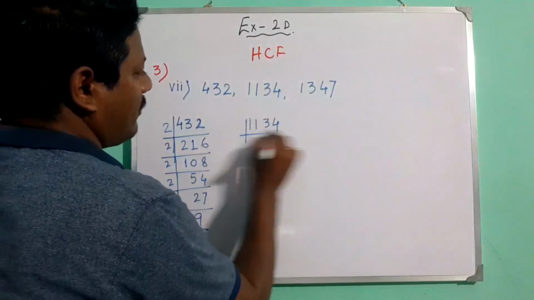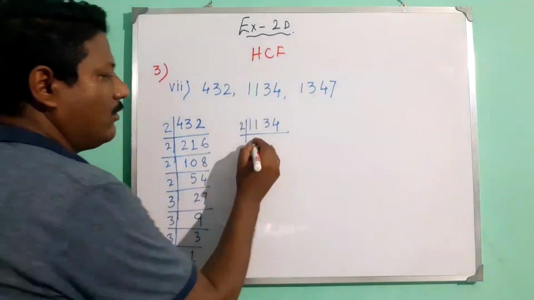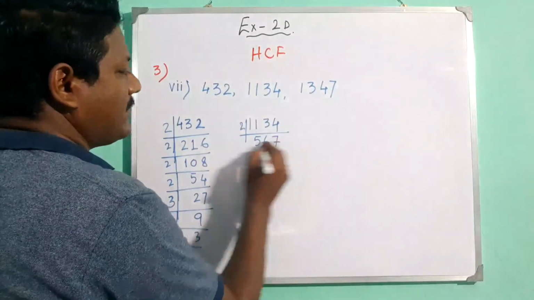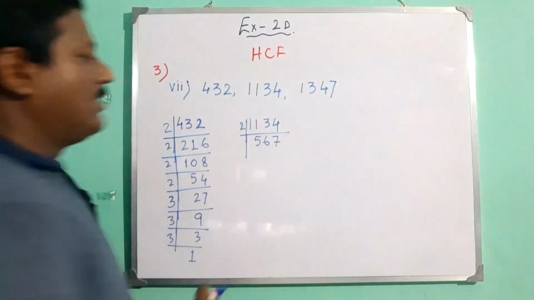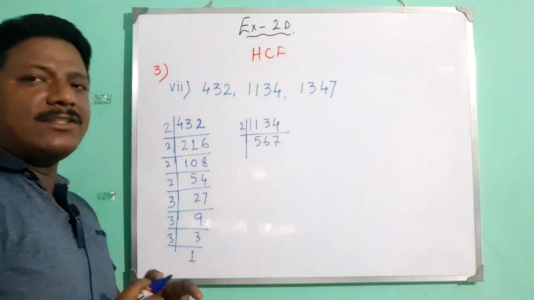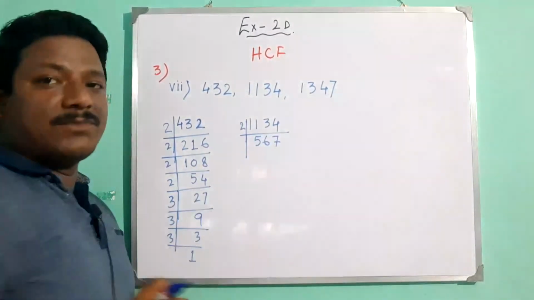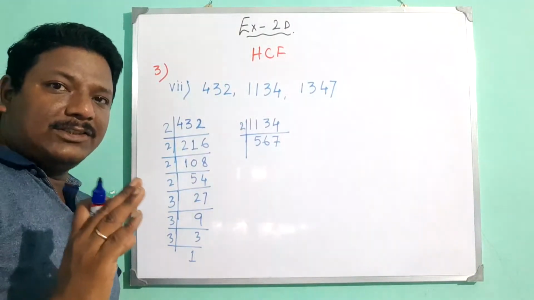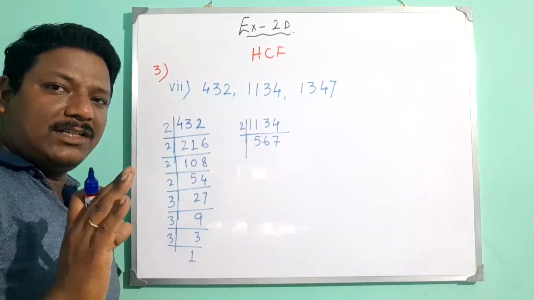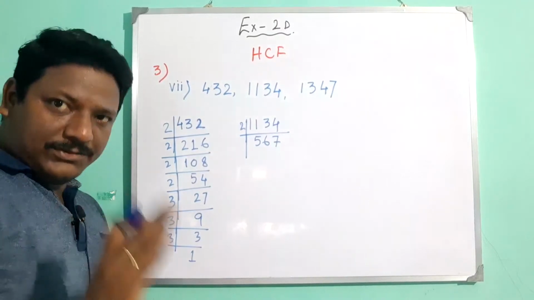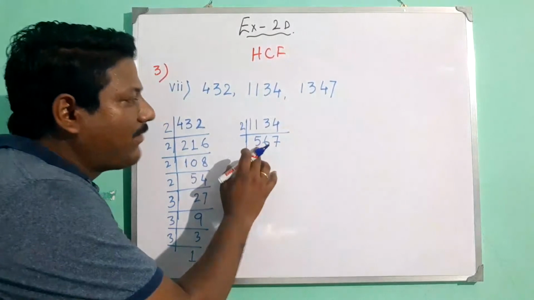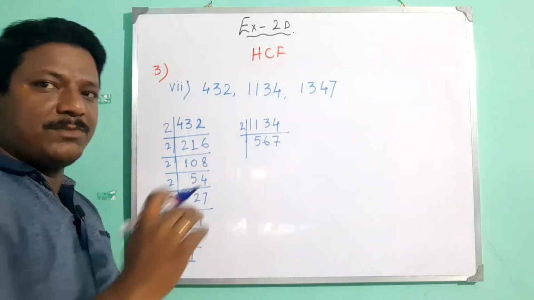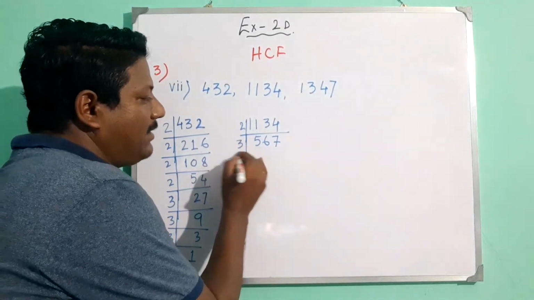1134. Again you find it with the help of 2: 2 fives are, 2 sixes are, 2 sevens are. Now this number ends with 7, so add the digits. I have already taught you the divisibility of numbers: you add the digits, 5, 11 and 7, 18. So the sum is coming 18, which means it can be divided by 3.